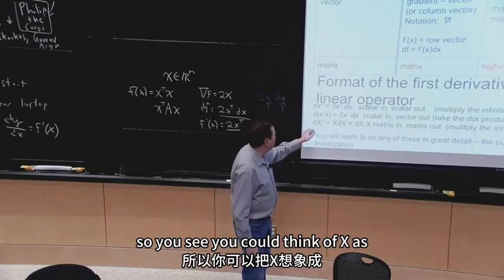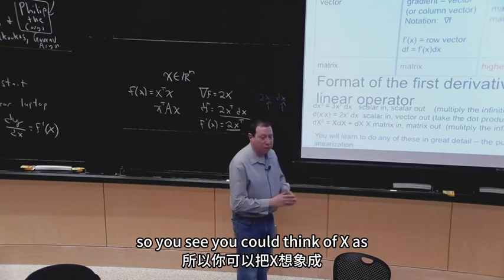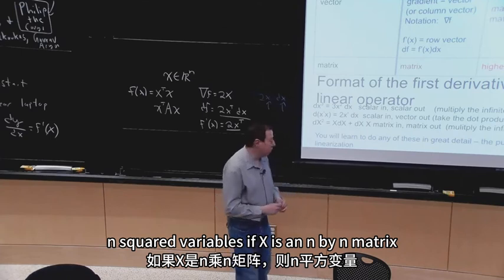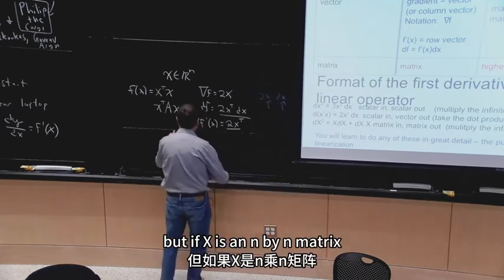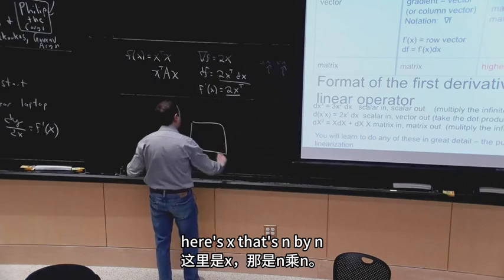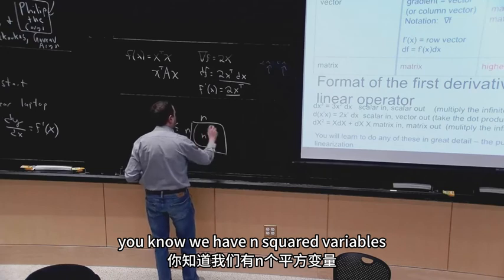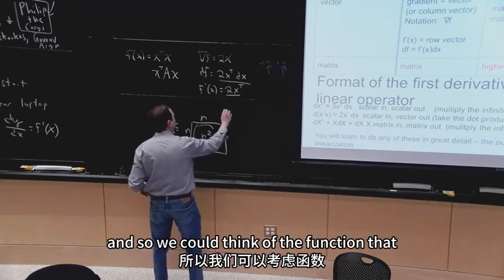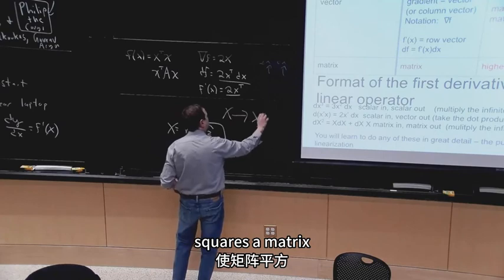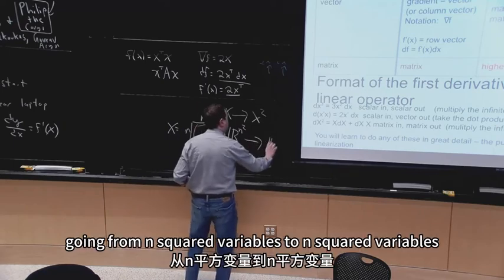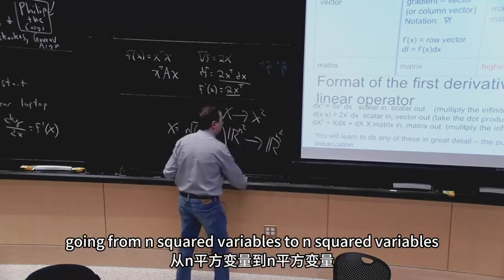So you could think of x as n squared variables, if x is an n by n matrix. We have n squared variables. And so we could think of the function that squares a matrix, if you want, by flattening everything and thinking of it as going from n squared variables to n squared variables.